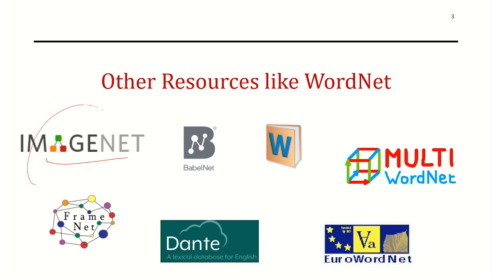We can use existing images from this data resource. We have other resources like BabelNet and WordSource here. In BabelNet, there is a lot of data that we can use, as it is built on other existing resources.